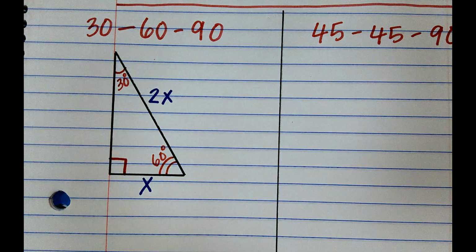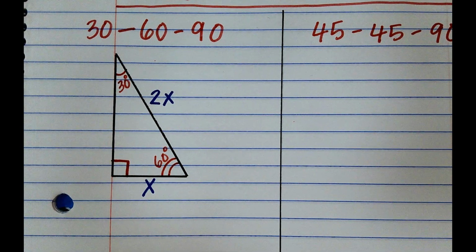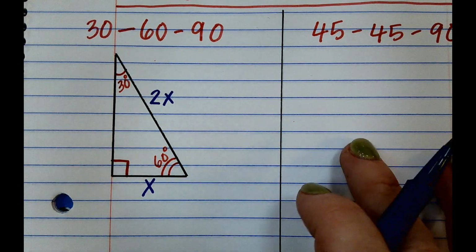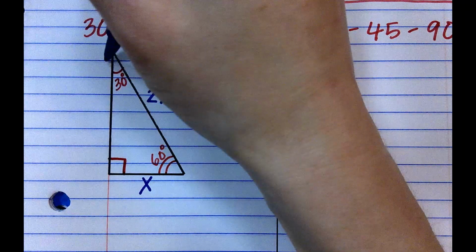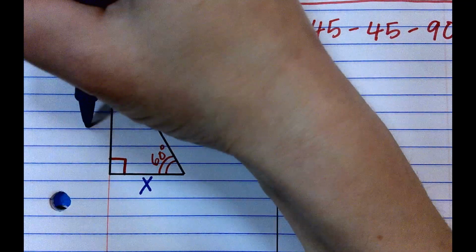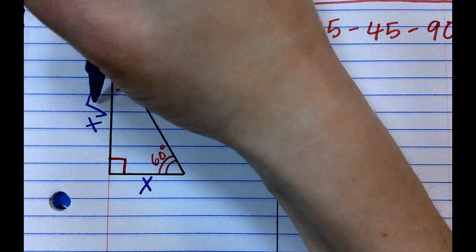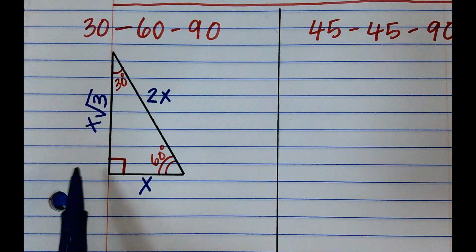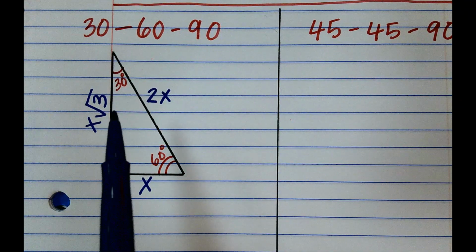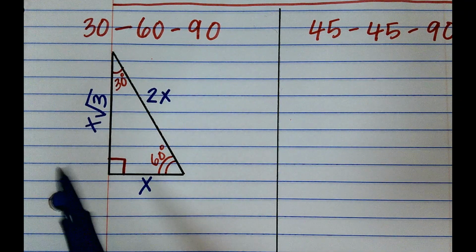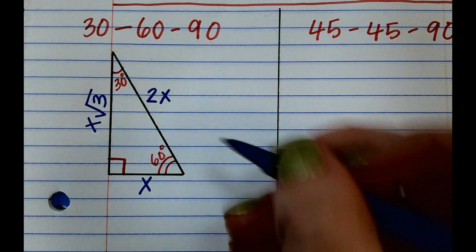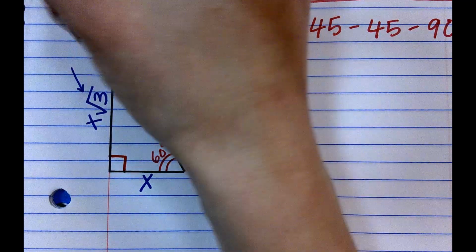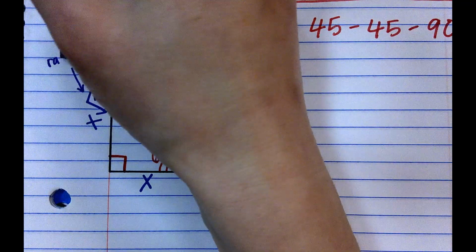The hypotenuse is 2x. And our middle side has kind of a funky x value. The one that goes straight up and down here is x square root of 3. And that's kind of a mouthful. So instead of x square root of 3, we say x radical 3. That's just another way to say square root, rad.